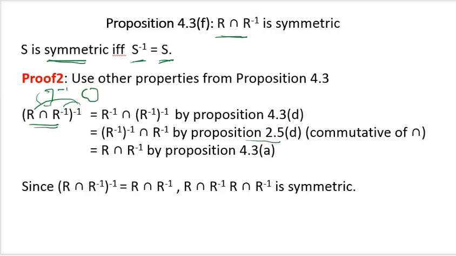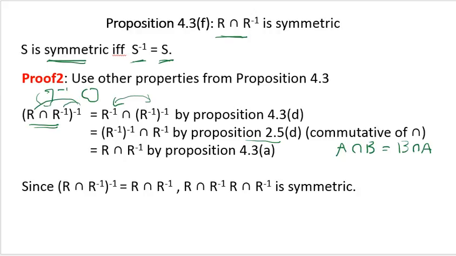So I'm just going to switch the order of these two things. The statement in 2.5d says that A intersect B equals B intersect A. So R inverse intersected with R inverse inverse is equal to R inverse inverse intersected with R inverse. Just switch those two sides.